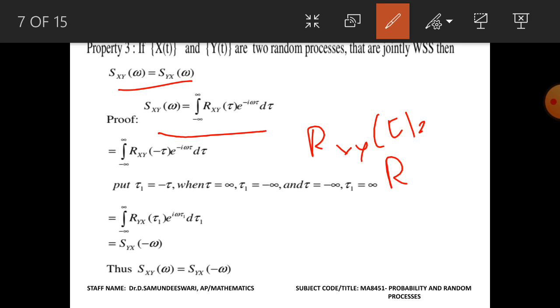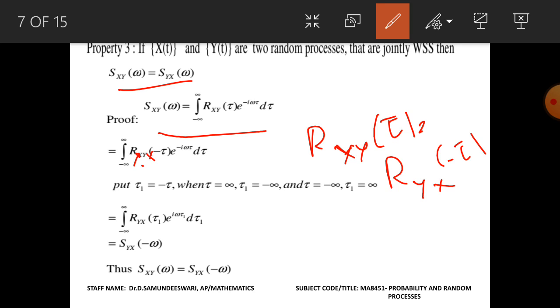Okay, right? So I am going to write this as ryx of minus tau. This result we already know: rxy of tau equals ryx of minus tau. So I am going to replace this here. So this is ryx of minus tau e power minus i omega tau into d tau.